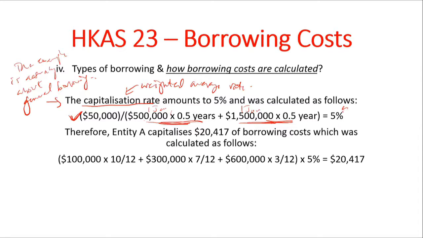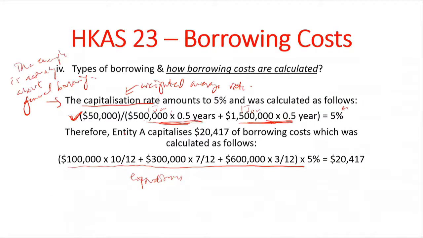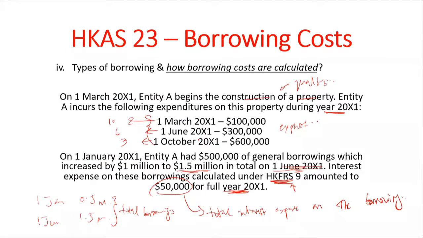You will calculate this weighted average rate, and then using it, you will apply this rate on the expenditures that were incurred. So if we go back, here are these expenditures, and of course you will take the time into account. Let's say this was for 10 months, this one was for 6 months, and then this one was for the remaining 3 months. So you have this time component, 10 and 7, sorry, 7, since it's 1st June, so this has to be 7.